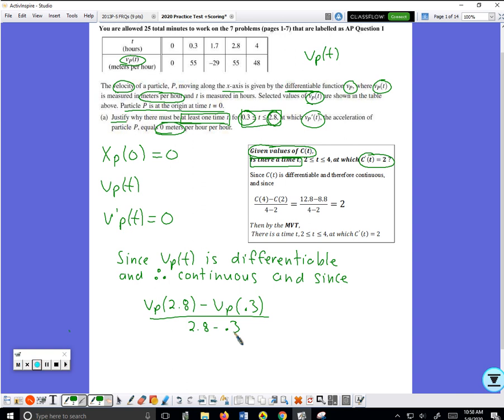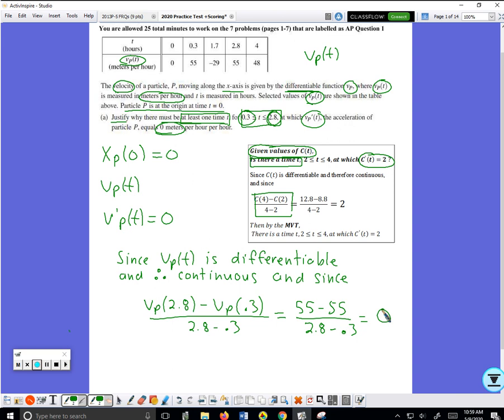Again, I'm just following exactly this pattern, is equal to 55 minus 55 all over 2.8 minus 0.3, and that's definitely equal to 0.